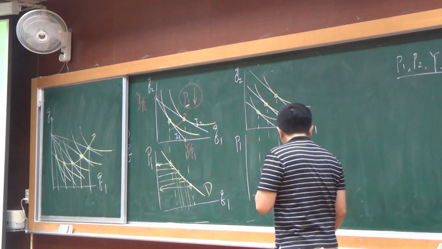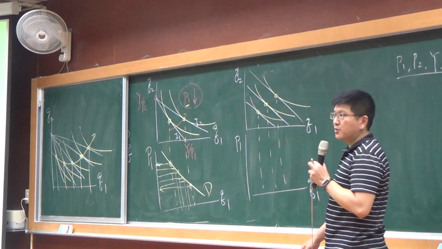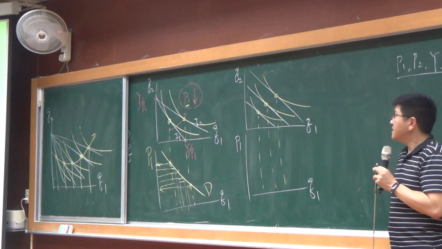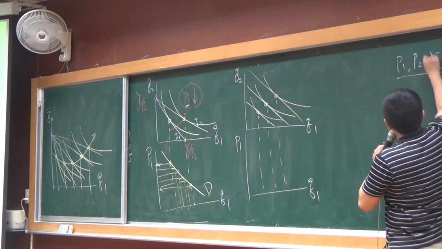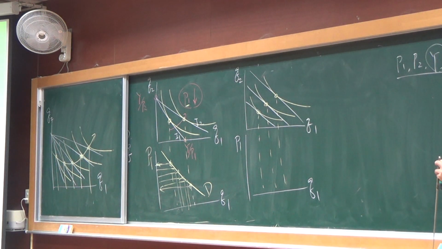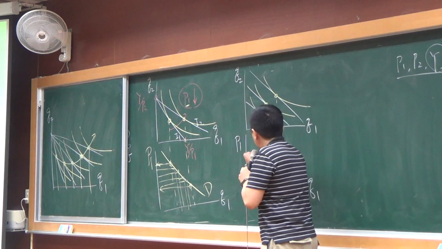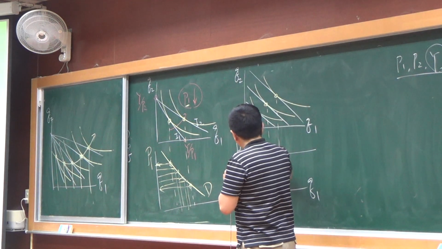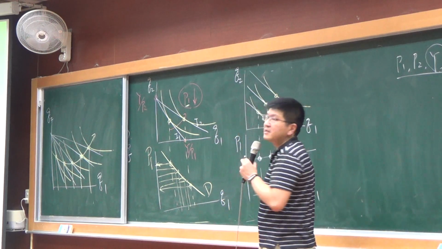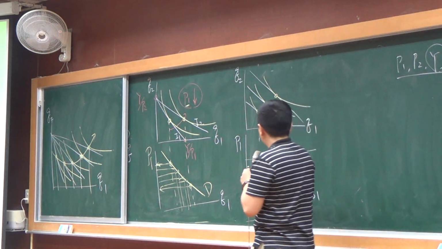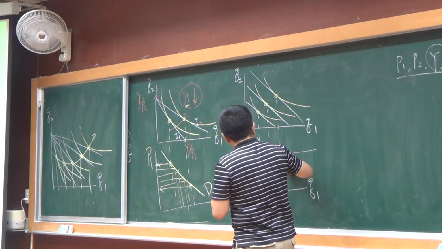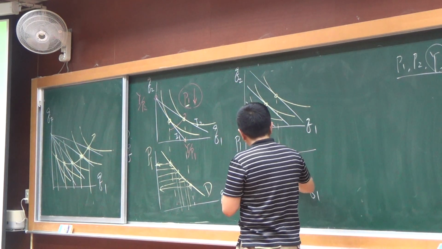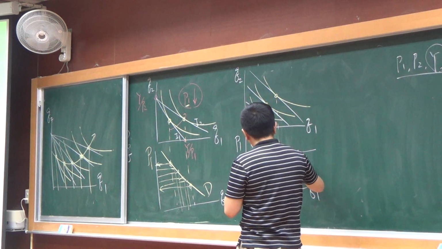What about P1? Do you think P1 has been changed or not? In this case, only Y changes, right? P1 and P2 remain constant, unchanged. So given an unchanged P1, we may have this, this, and this. So you will see the demand function will change from D1, D2 to D3.